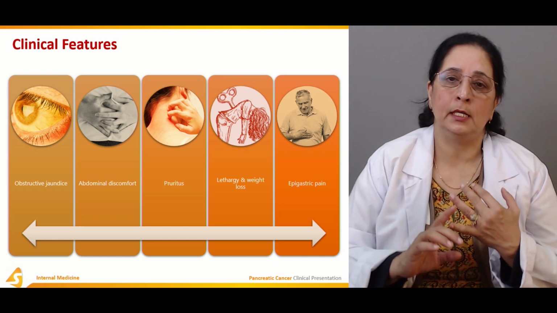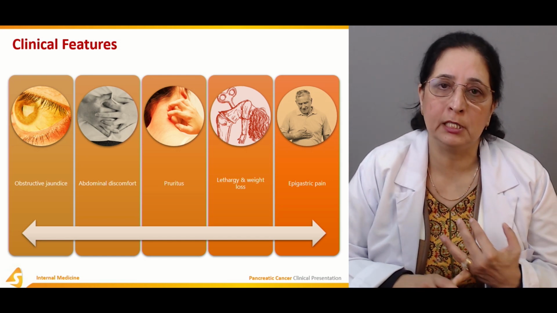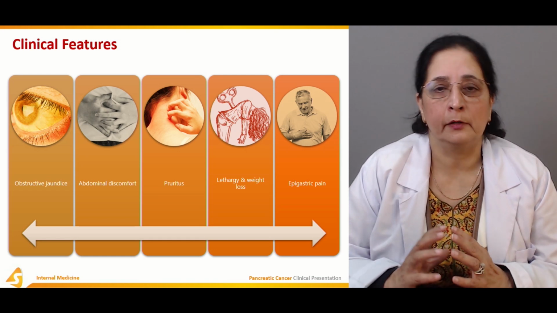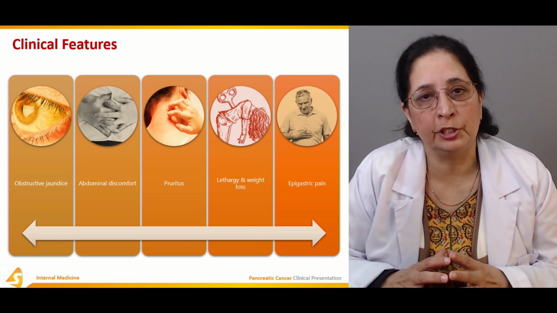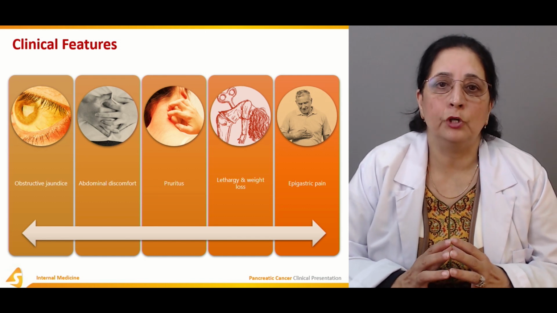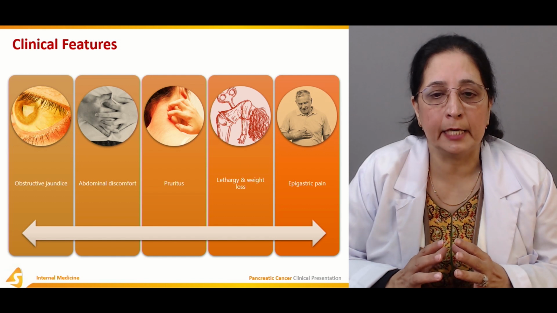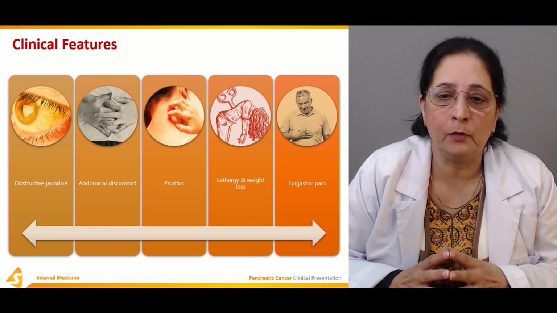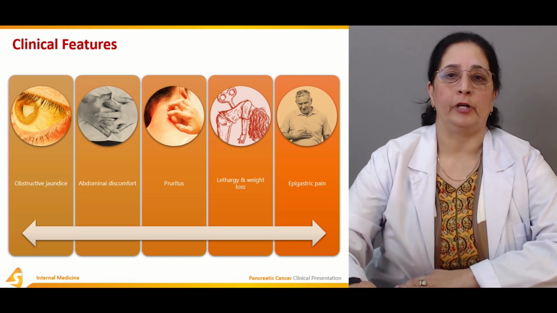So there is obstructive jaundice, which is increased level of bilirubin, characterized by yellow discoloration of the skin and the eyes. There is abdominal discomfort, itching, lethargy, weight loss and epigastric pain.